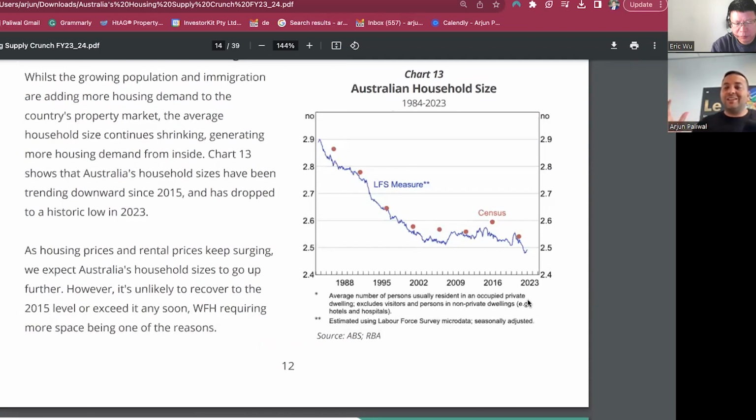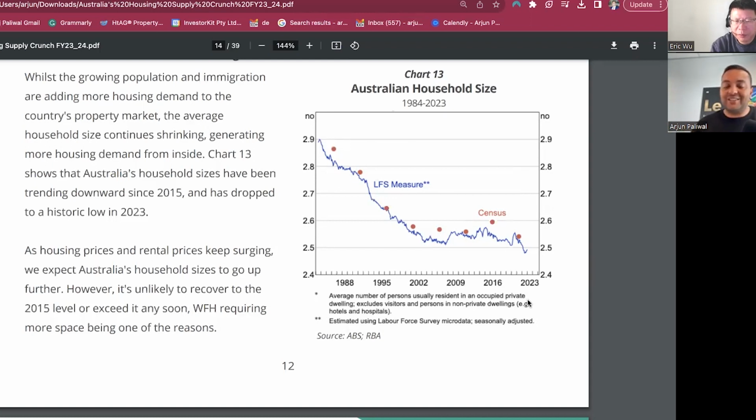So imagine a 4-person household suddenly comes down to 2. Now, I know it's not that dramatic in this example, but it's trending down. When that happens, that's a sign of no new people, but we need more houses to fit the same people. It's just like the roads when more people have more cars.